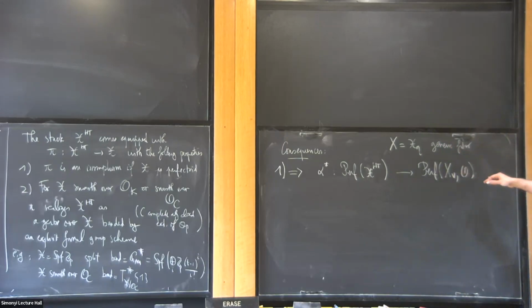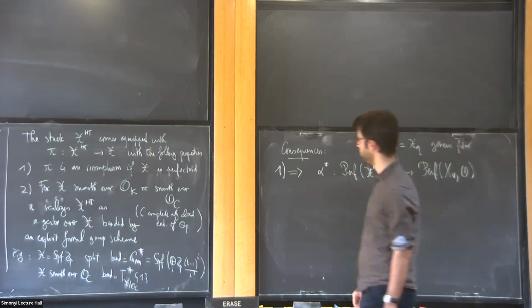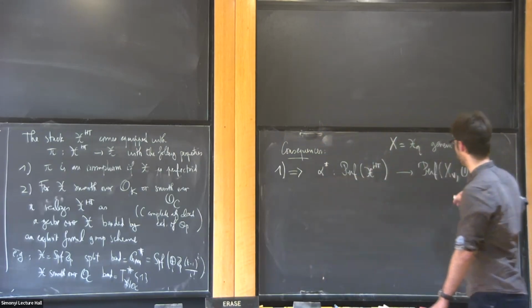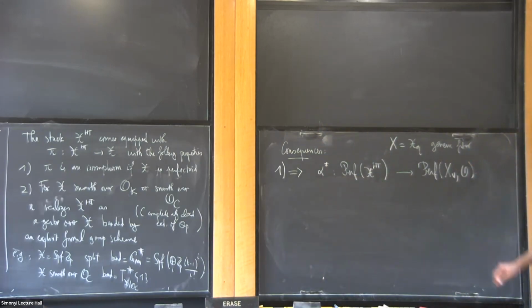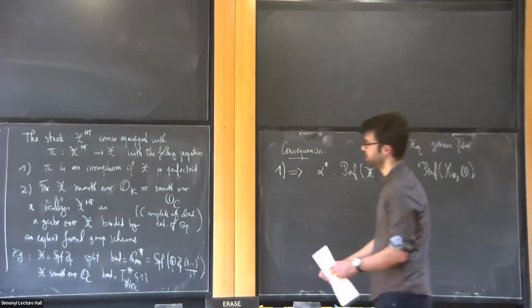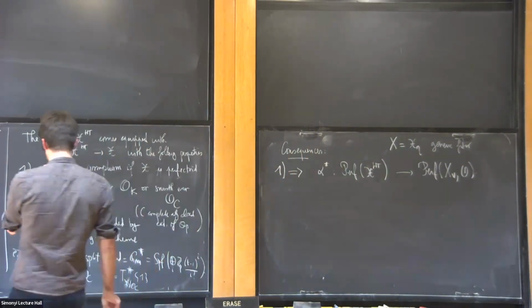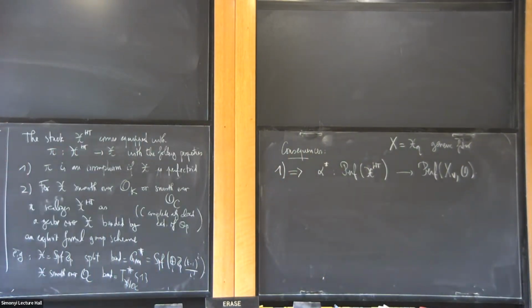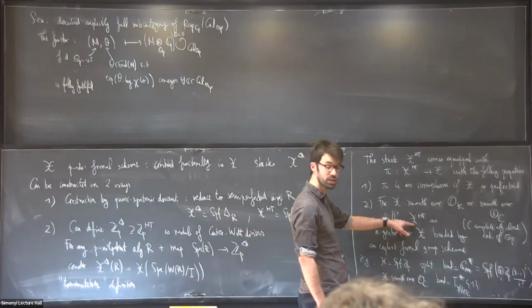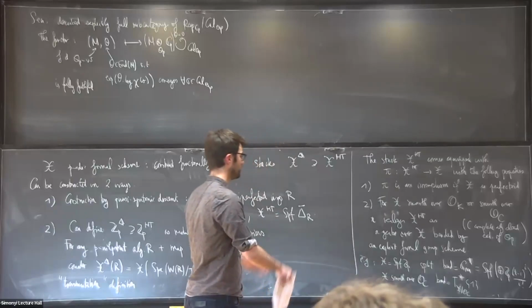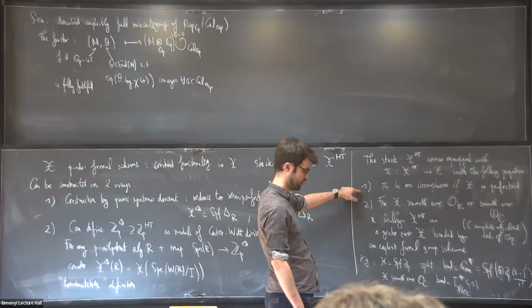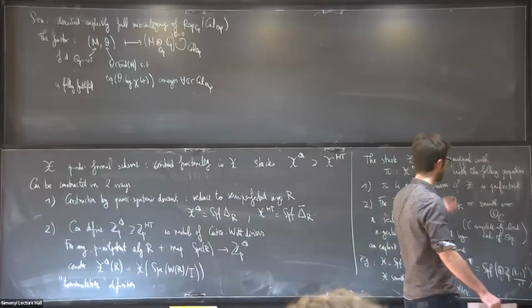So I do get a natural functor like this, simply because whenever I have some affinoid perfectoid R plus mapping to X, then I get a map from the Hodge stack of the formal spectrum of R plus to the Hodge stack of X by naturality. But as I said, by point 1, in the perfectoid case the map is just an isomorphism.